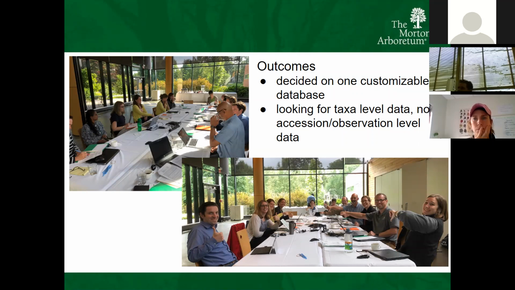So we're looking for that taxa level data that represents all of the garden's experience growing this taxa in cultivation. This also includes the idea that some of us have this information up in our minds, up in our memories, that may not actually be written down.